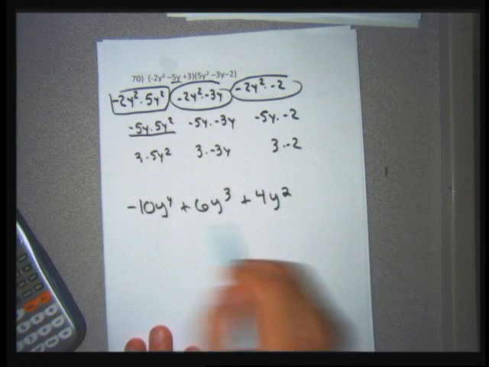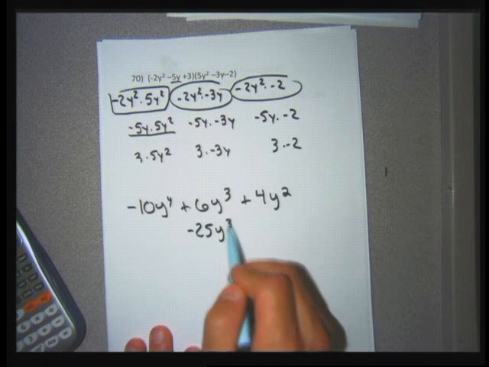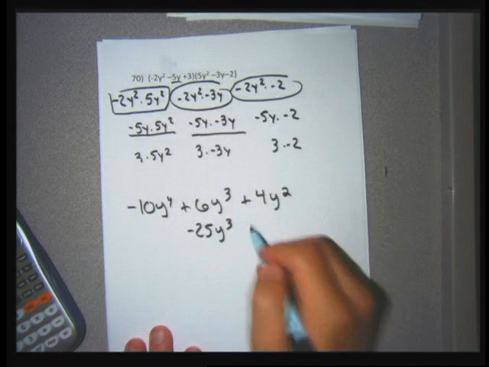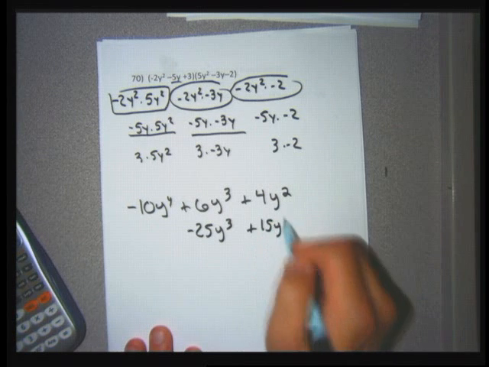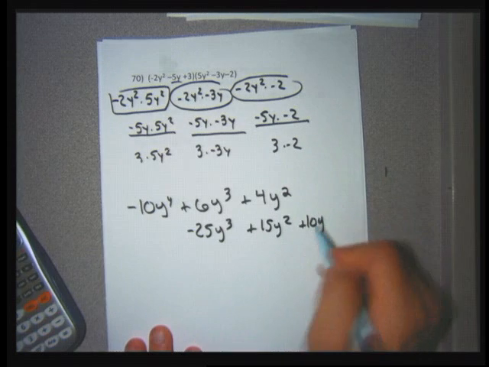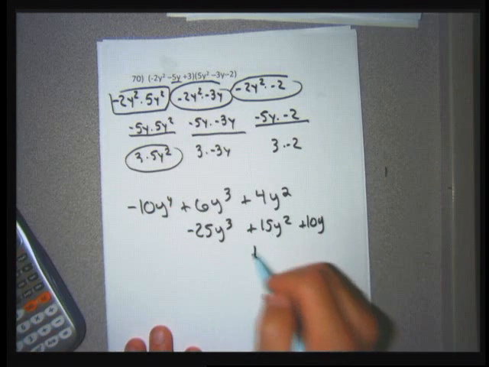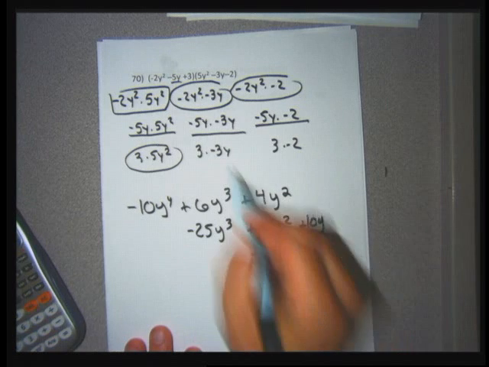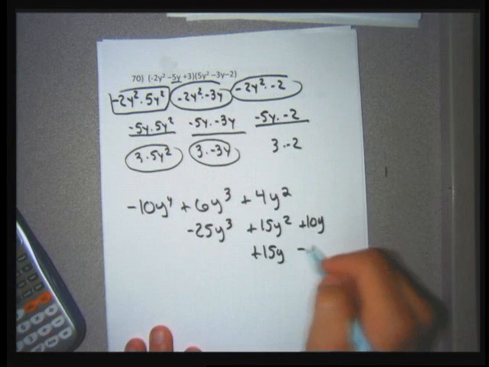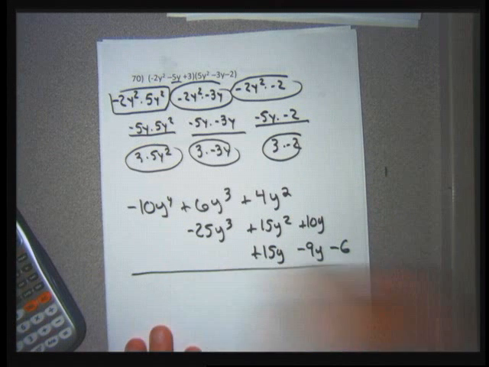Next, I get negative 25y cubed, and then positive 15y squared, and then positive 10y. Bottom row, 3 times 5y squared is 15y squared. 3 times minus 3y is minus 9y. 3 times minus 2 is minus 6.